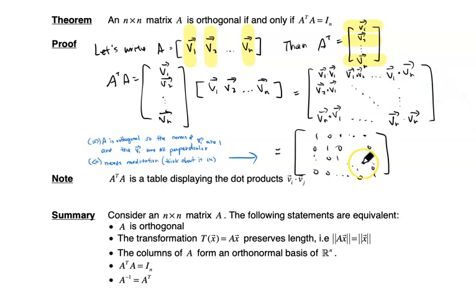So from here to there, we have to meditate a little bit, but if we know that A is orthogonal, we know that all vi have norm 1 and that they are all perpendicular. So v1.v1, which is the norm of v1 squared, is going to be 1, and that's true for every entry in the diagonal.